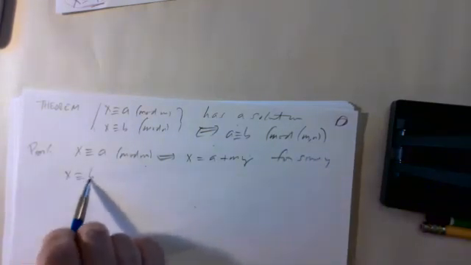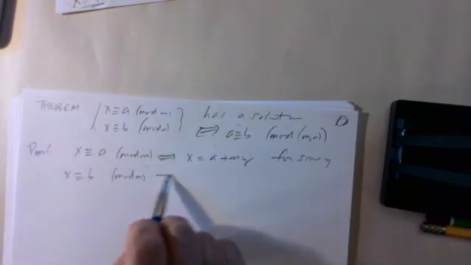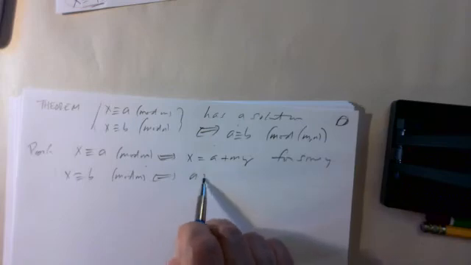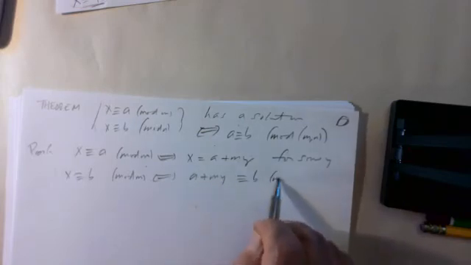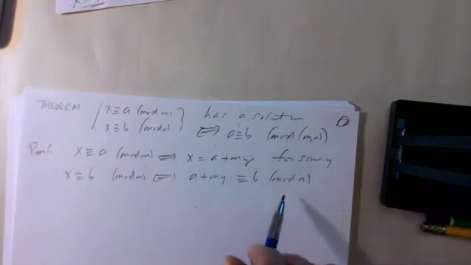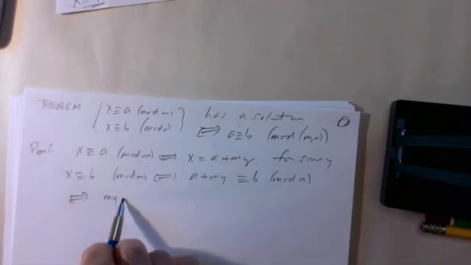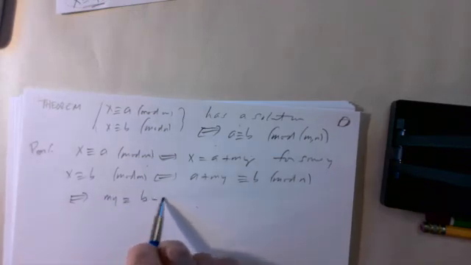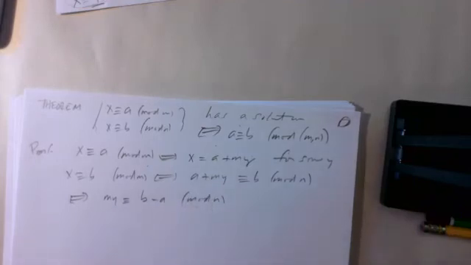And x is also congruent to B mod N. If x is also a solution of the second congruence, that means A plus My is congruent to B mod N, which is the same as saying My is congruent to B minus A mod N. And this is a linear congruence.